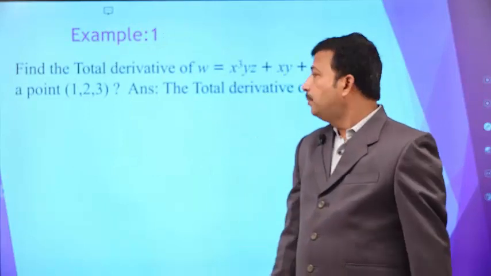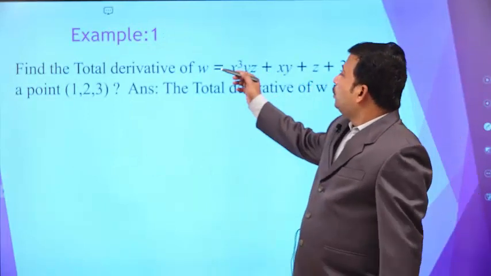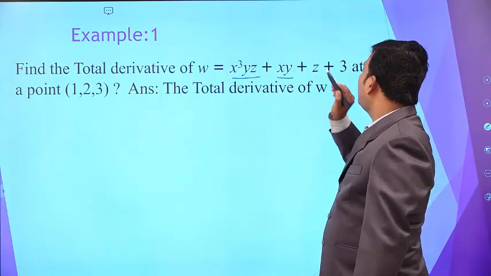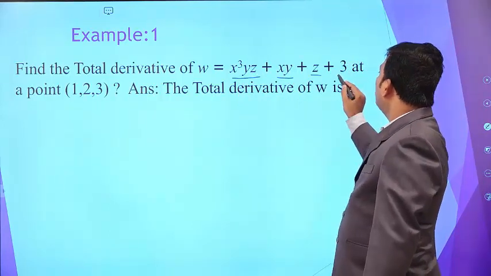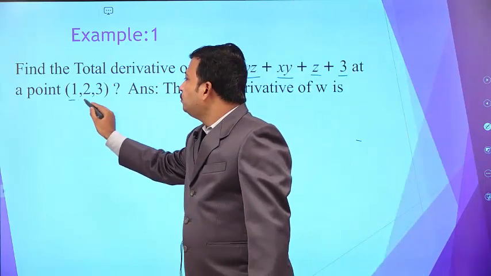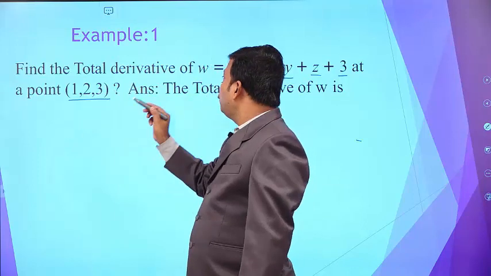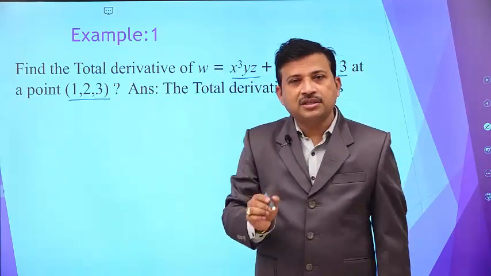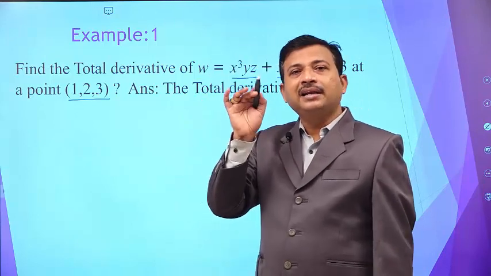Let us see an example. w equals xyz + xy + z + 3, at the point (1, 2, 3), where we are giving increments to x, y and z. So w is a function of x, y and z.